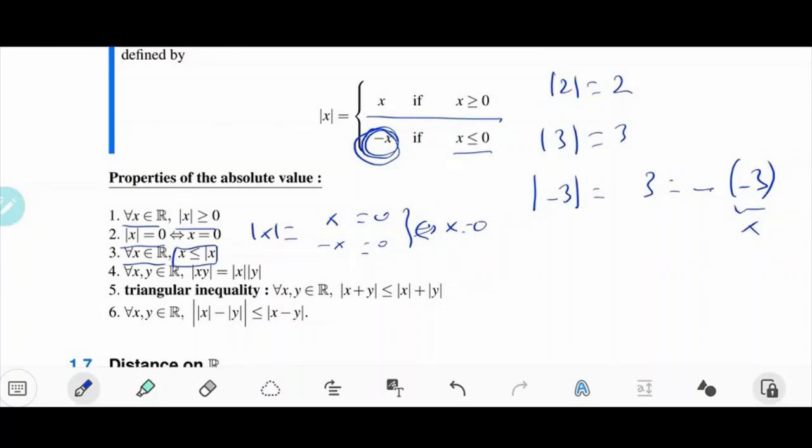And also something very easy to interpret is that if you take x and y, two elements in R, the absolute value of the product is the product of the absolute values. This is true because if x and y are both positive, or both negative, or one positive and one negative, anyway, the absolute value of the product will be the same as the product of the absolute values.